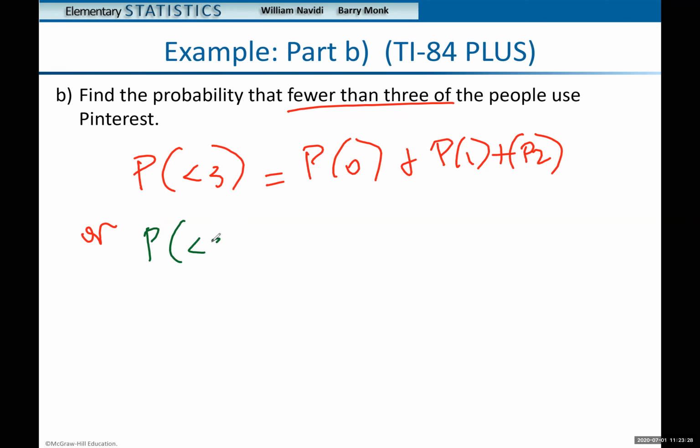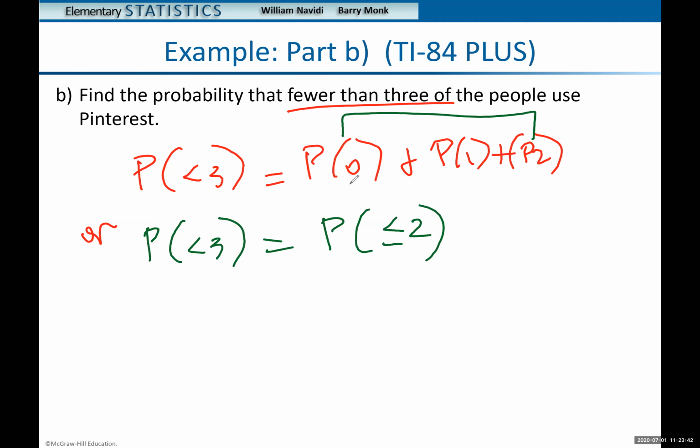P less than 3 is the same thing as less than or equal to 2. Do you agree? Yes. Less than or equal to 2 are these numbers, P of 0, P of 1, and P of 2. Yes? And if it's less than or equal, we use binom CDF.